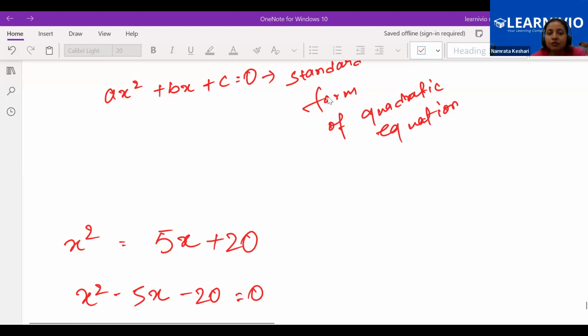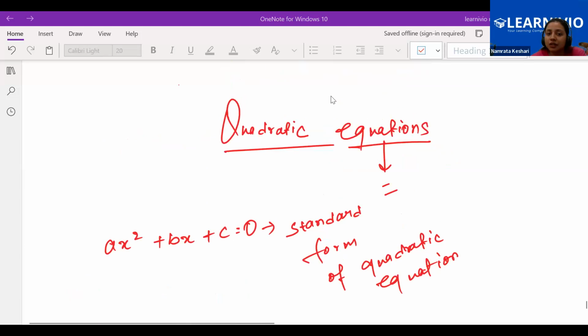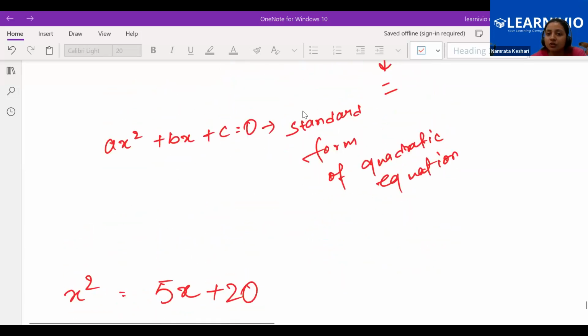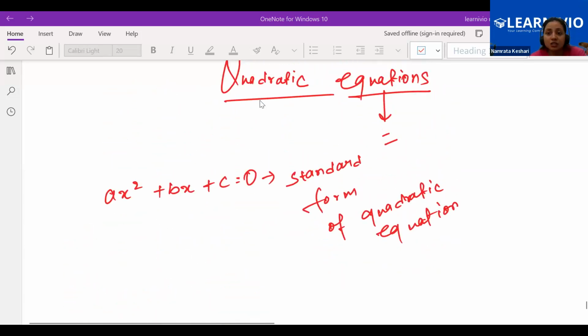Okay, Ifra is there. Ifra, just now we have started quadratic equations. Okay, introduction I was giving. This quadratic is the same like the previous quadratic. There we were having quadratic polynomials. Degree of the polynomial is 2. That's called quadratic polynomial. Here we are having quadratic equation. Whenever we talk about equation, there will be equality sign.